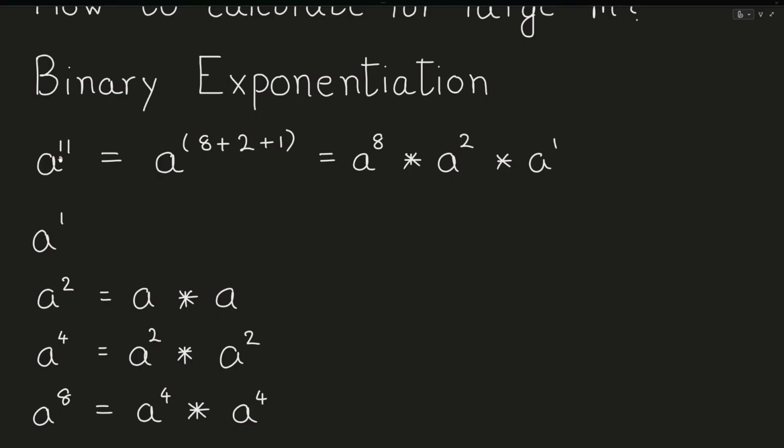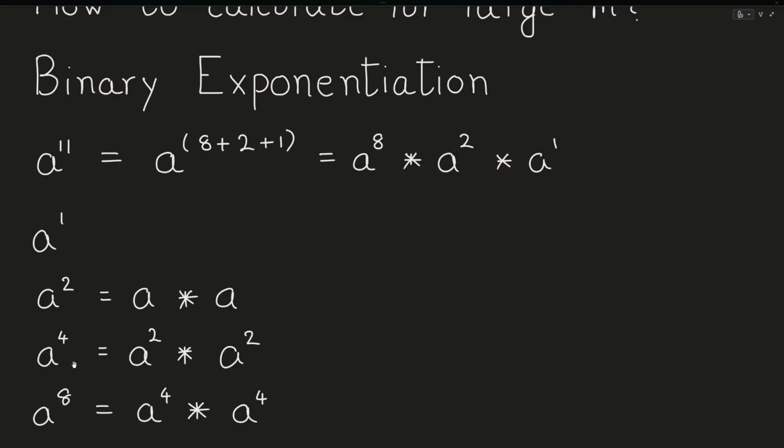So here I've done a^11 is equal to a^(8+2+1), which is equal to a^8 into a^2 into a. So how do we calculate this? We start with a and we can get a squared, which is equal to a into a.